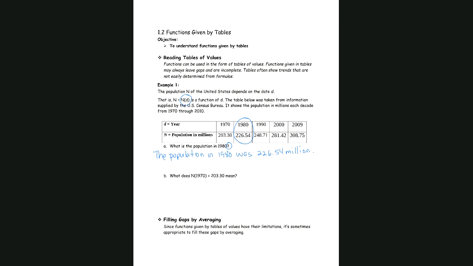Putting it all together, we say that N of 1970 means that in 1970, the population in the US was 203.3 million. And you have to write the word millions down.